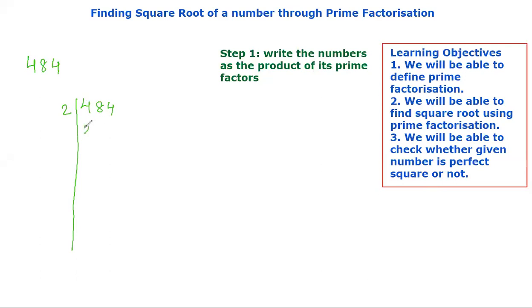So this will be 2, 242. Then again it is an even number, so it will be again divisible by 2. Now we know that 121 is a square of 11, and 11 itself is a prime number. So how will I write it? 11 elevens are 121, and 11 ones are 11, right? So I'm done with the first step.